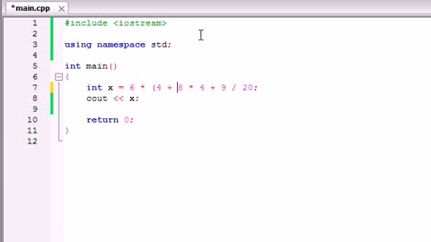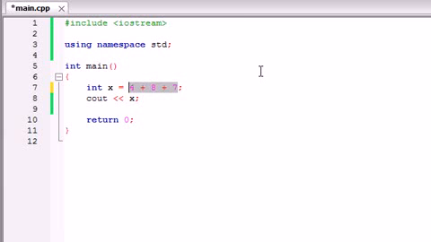If you don't have any parentheses, it does all the multiplication and division first, and then it does your addition and subtraction. If you just have something like 4 plus 8 plus 7, is it going to do 8 plus 7 first or 4 plus 8 first? It really doesn't matter. It comes out the same either way.